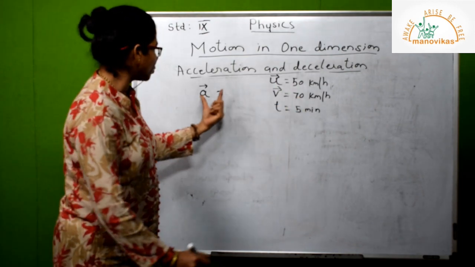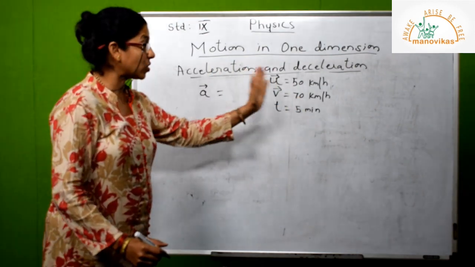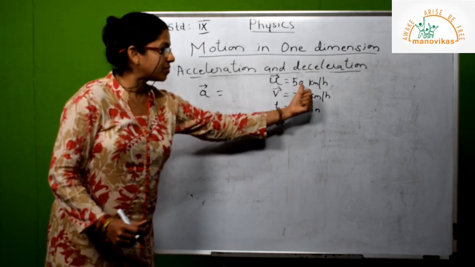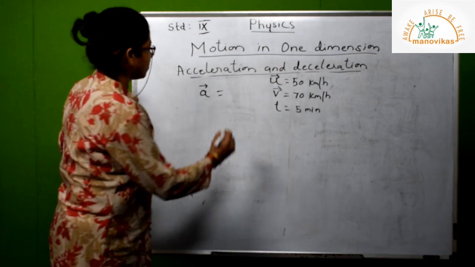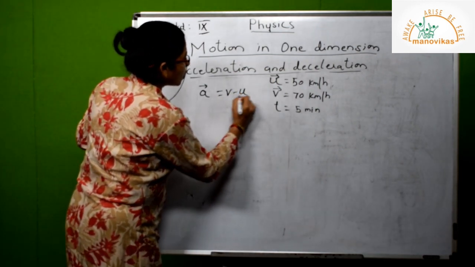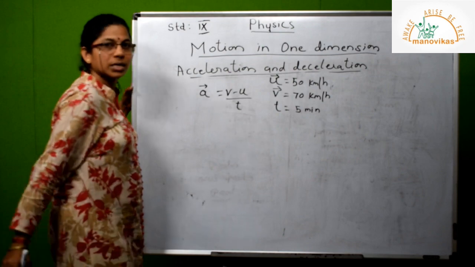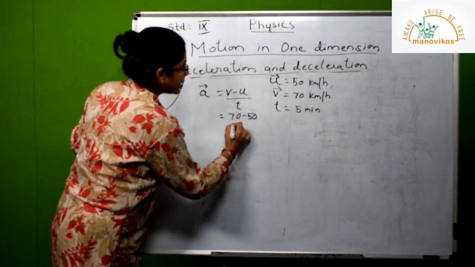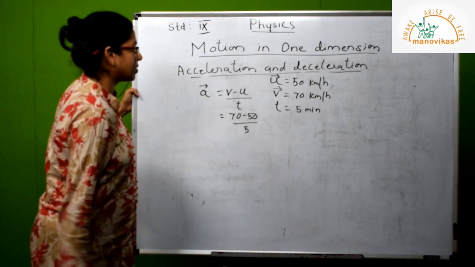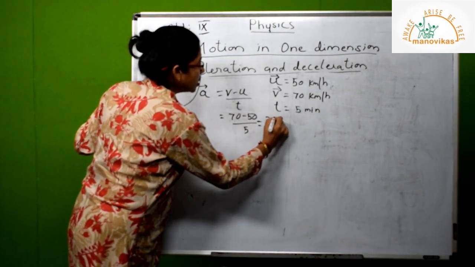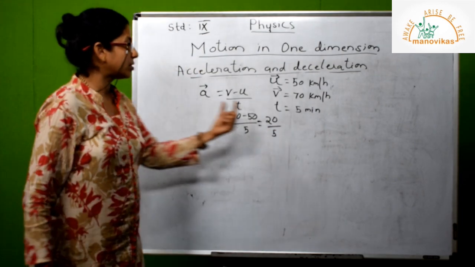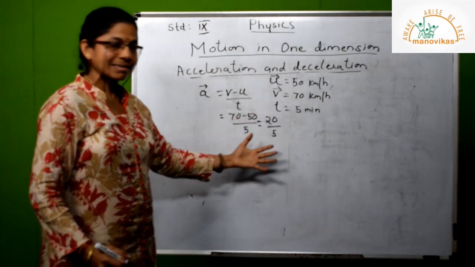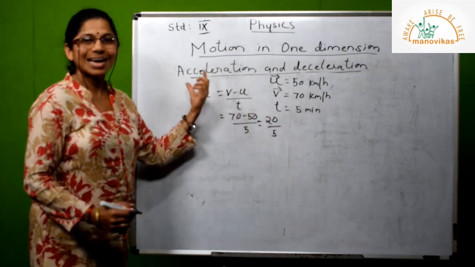Acceleration is the rate of change of velocity, so it will be 70 minus 50, the difference, upon t. You can write it as 70 minus 50 divided by 5, which is 20 upon 5. Now 5 is minutes, you need to convert it into hours by dividing by 60. Accordingly you get the value of acceleration.